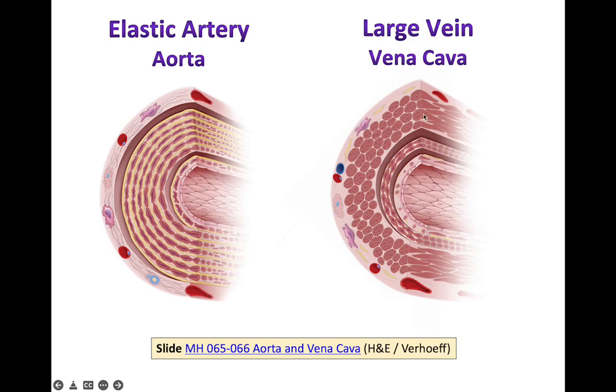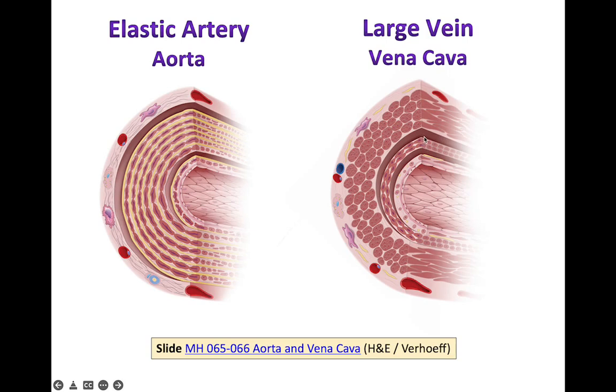But when we see the vena cava, the lumen is not regular, it's irregular, and it's collapsed. And the tunica intima consists of endothelium, subendothelial connective tissue, some smooth muscle fibers, and irregular elastic fibers.